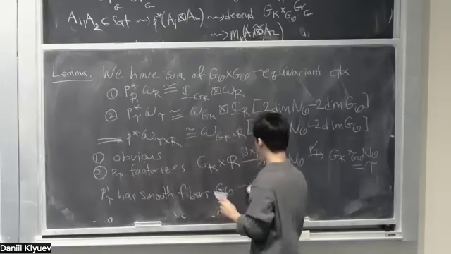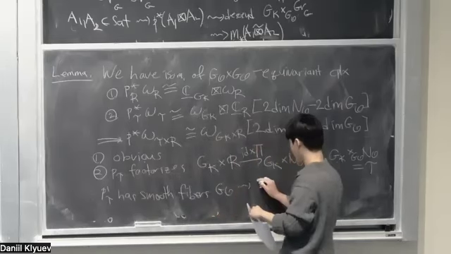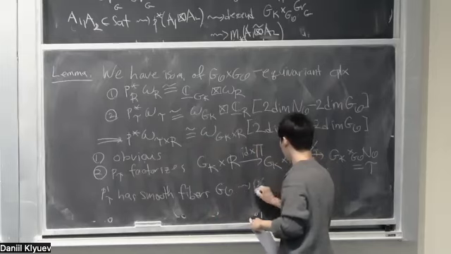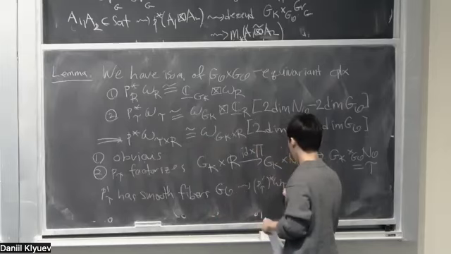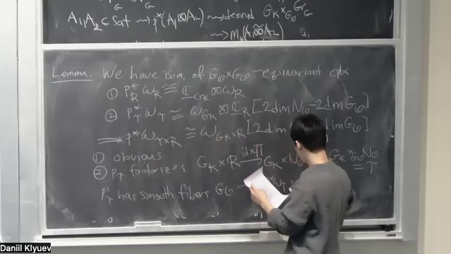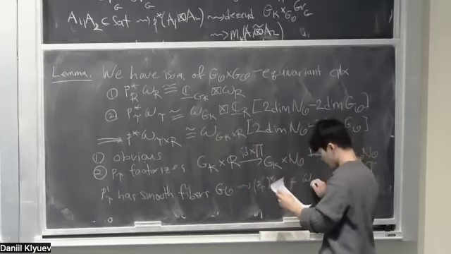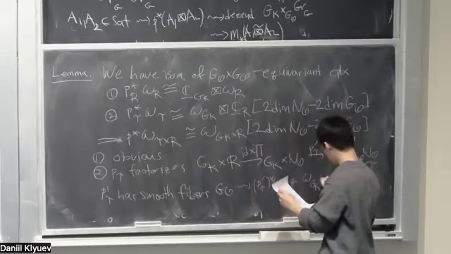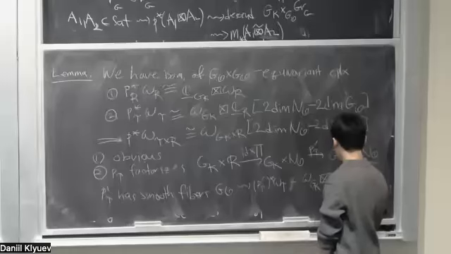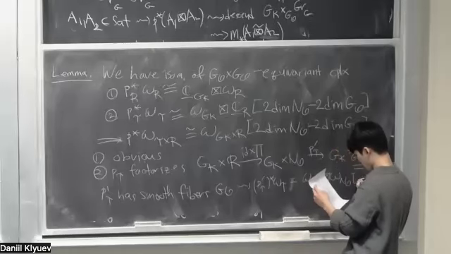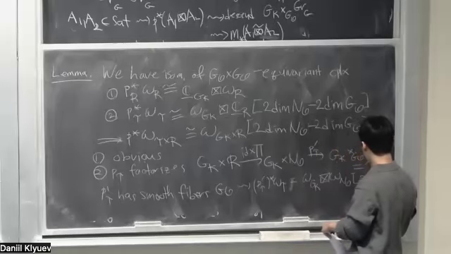So what does it mean? By pullback of omega_T, well, I'm pulling back along something smooth, so I just get omega_{N_O} with a shift of minus 2 dim G_O.